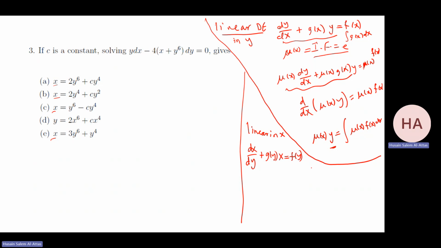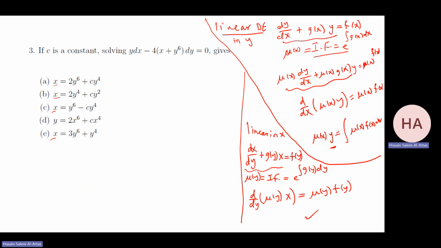Okay, so I have my integrating factor, mu of y, which is e to the integral g of y dy. Multiply by mu of y now. So I have d over dy of mu of y times x equal mu of y f of y. Integrate, you get the answer.